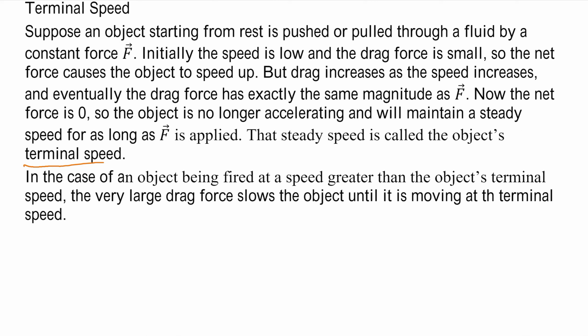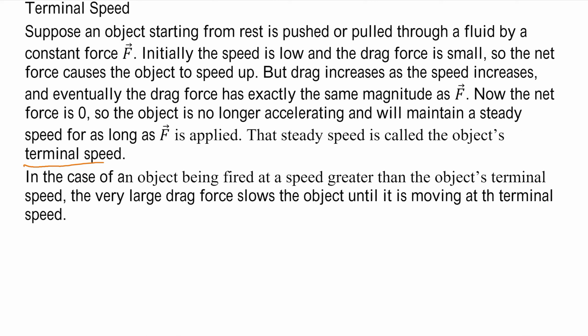In the case of an object being fired at a speed greater than the object's terminal speed, like a bullet being fired, the very large drag force is greater than the force being applied. So then the object would slow until it was moving at the terminal speed.